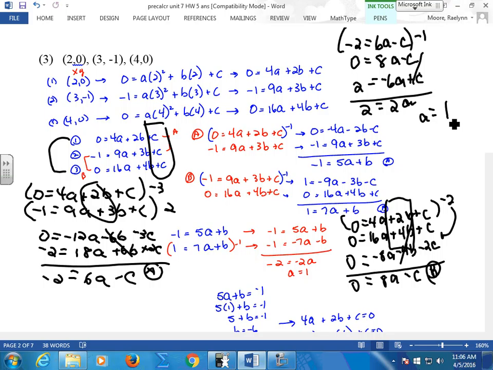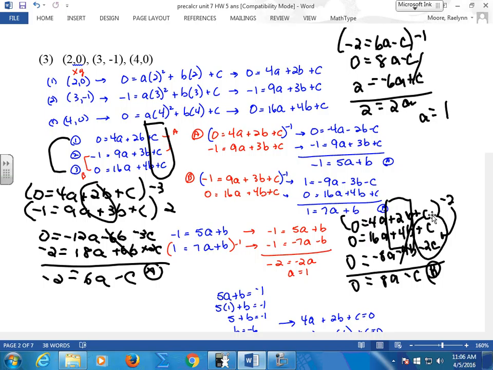Oh, you got 4c. For this one, which was this guy. 1 and 3, yeah. So when you multiplied this by a negative 2, right here, this came out to be negative c. Oh. Okay. Okay? And then just back substitute.